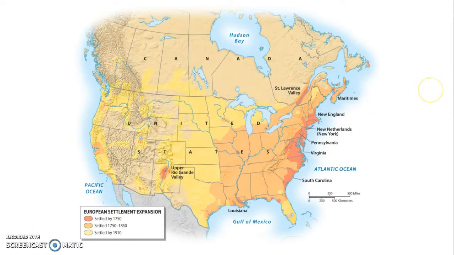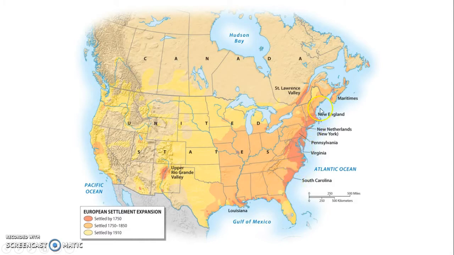Here's a little history of European settlement in North America, divided into three periods. So the first period is the area that was settled by 1750. This is what we call the 13 colonies.